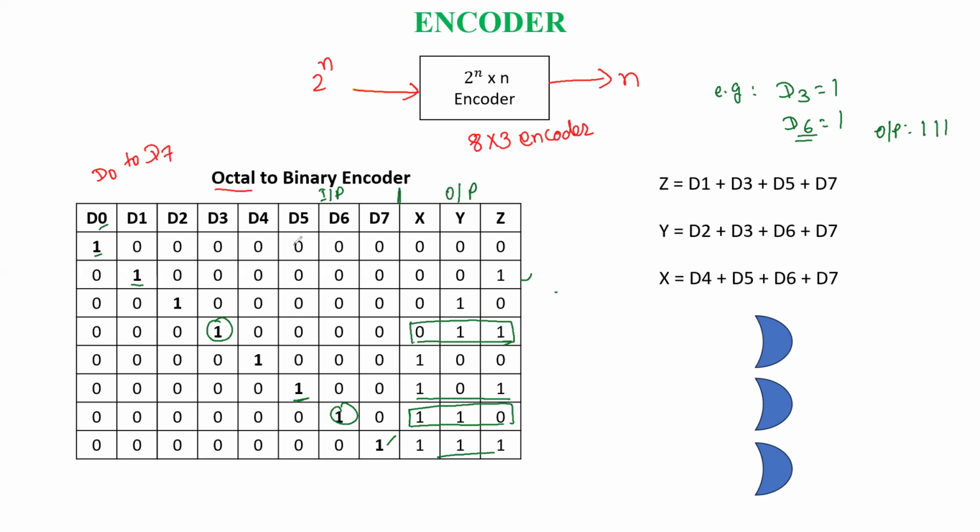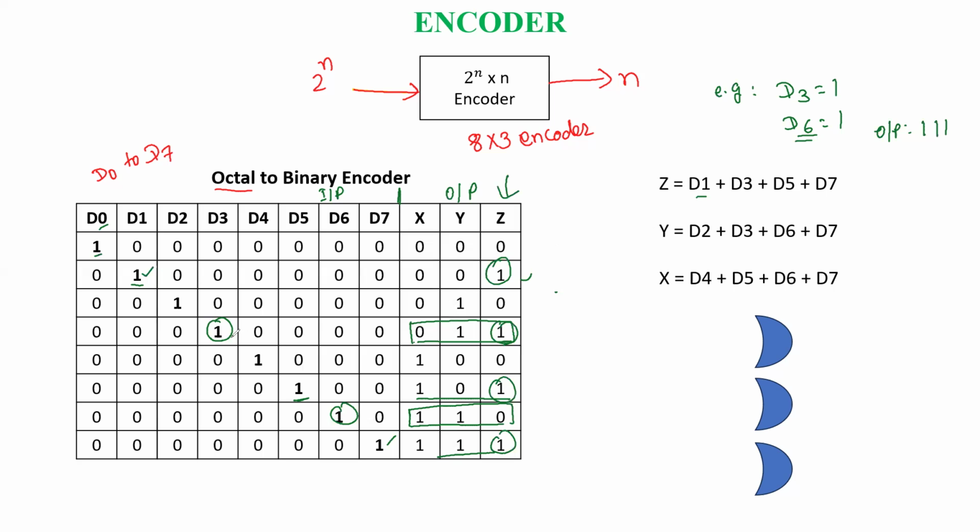Now in this scenario, we will try to calculate X, Y and Z. What is the Boolean function for that? If you see Z, whenever the Z value is 1, what is the value of the input? Z is 1, and the corresponding input is D1, so D1 is written here.